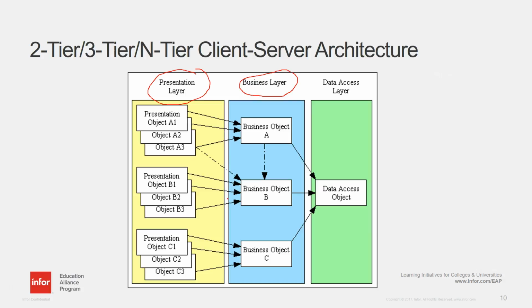Then the processes can interact between the business layer or within the business layer. And then you have the data access database layer, which provides resources back to the business layer, and the business layer then sends it back to the client on the presentation layer.